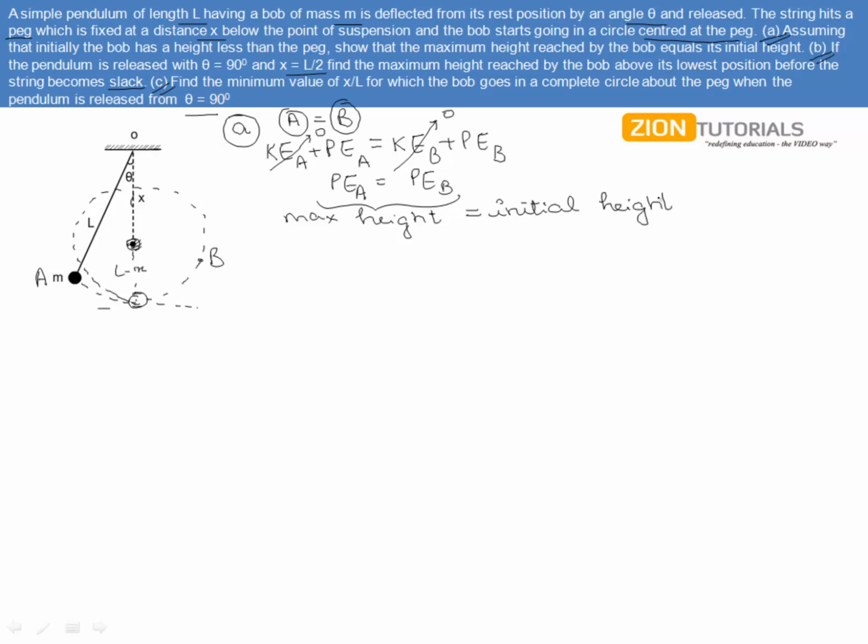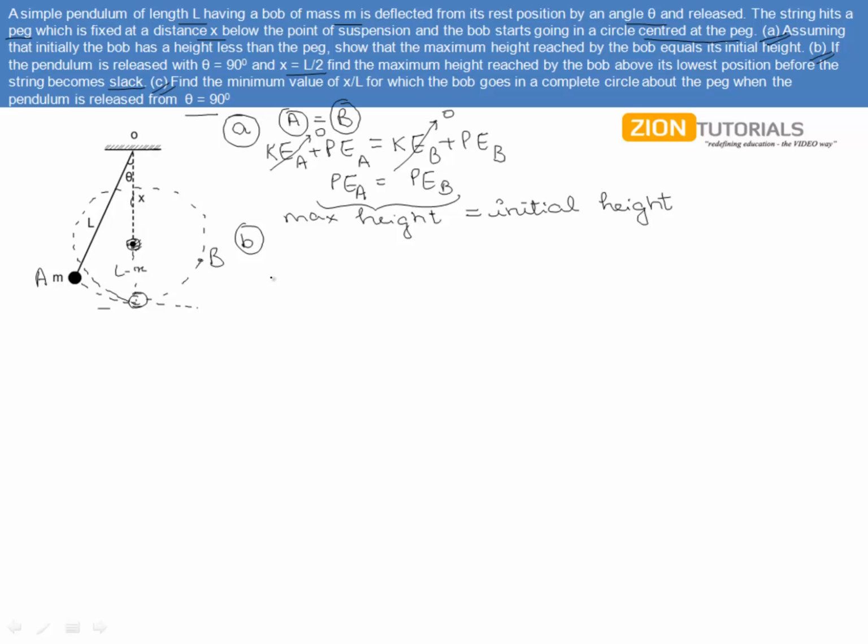Now proceeding with the second part of this question, in which they have assumed that theta is 90 degrees while x is L by 2, and we need to find the maximum height reached by the bob before the string becomes slack. Slack is when the tension in the string becomes 0, right?